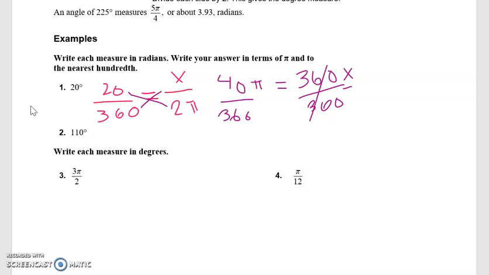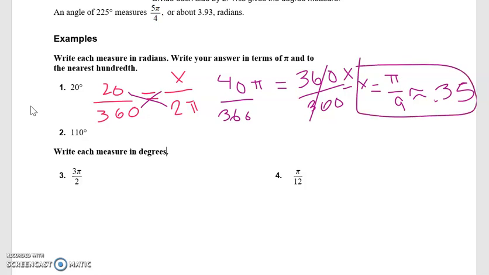And we should know 4 goes into 36 9 times. So x equals pi over 9. And then it said in terms of pi and the nearest hundredth, so you can just plug pi divided by 9 into Google or a calculator, and you will get roughly 0.35. Okay, and that's your answer.